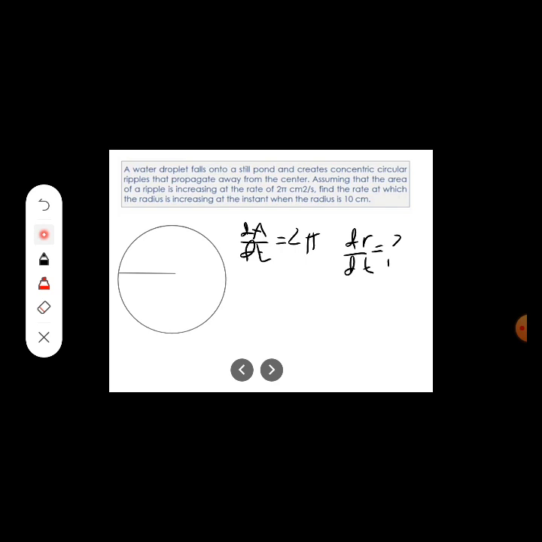After that, the relationship between A and r is given by the formula for the area of a circle. So that is A equals πr squared. Let's differentiate with respect to time.